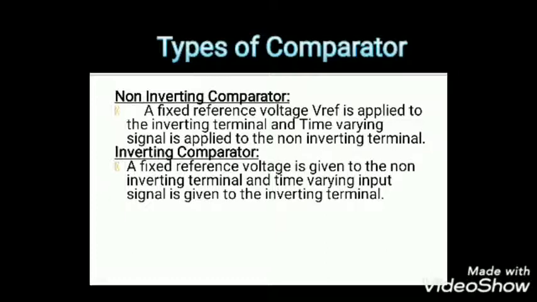In the case of the inverting comparator, a fixed reference voltage is given to the non-inverting terminal and the time varying input signal is given to the inverting terminal. This is the major difference between these two types of comparator. Otherwise, the workings of both are the same.